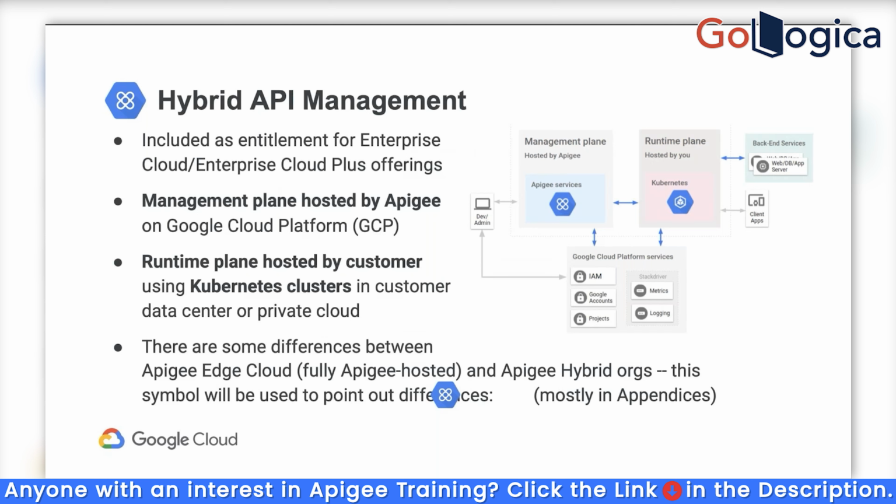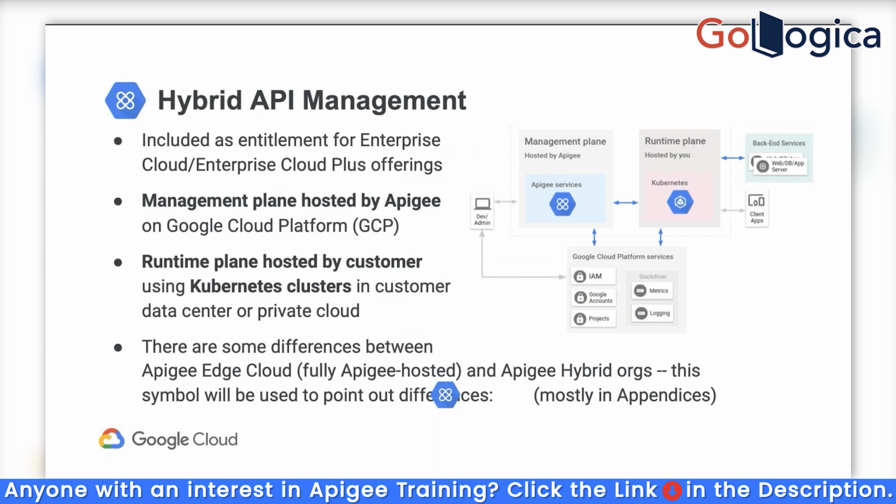People want more control on data, so the API runtime will be within their network. But the management part, the management server, analytics, all those things, will still be hosted by APG.